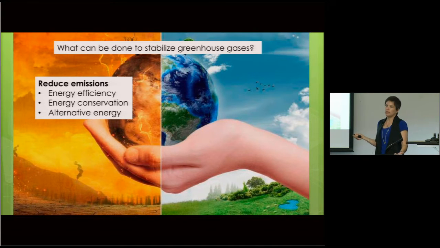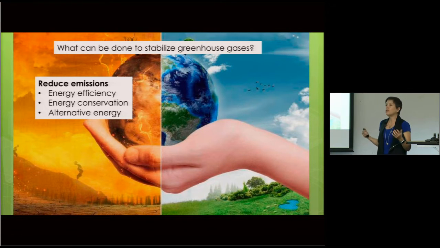So we use a lot of energy, right? There are many ways that we could conserve energy as a society and as individuals. We could be a lot more energy efficient. So even just the power lines outside, we're losing energy. It's very energy inefficient.